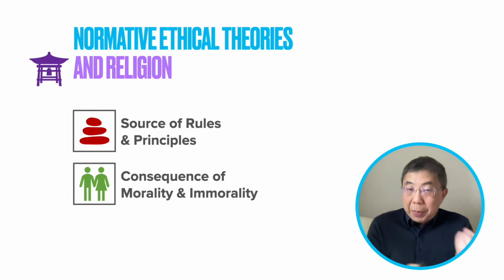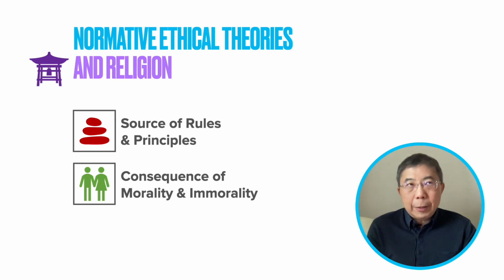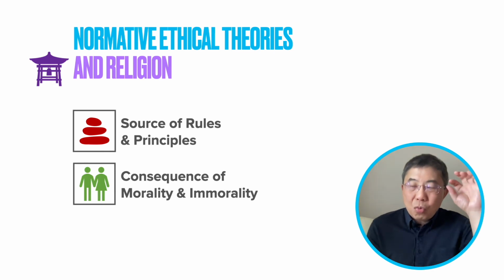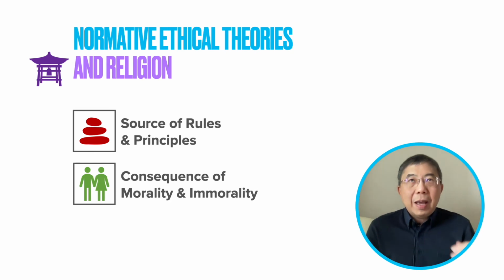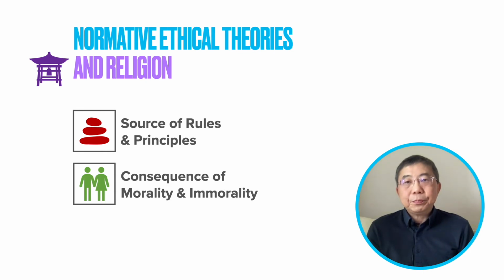So for the purposes of this course, we will look at Western philosophical normative ethical theories, which are based on rational arguments and rational thinking, and we focus on the impact of our behavior on others around us.